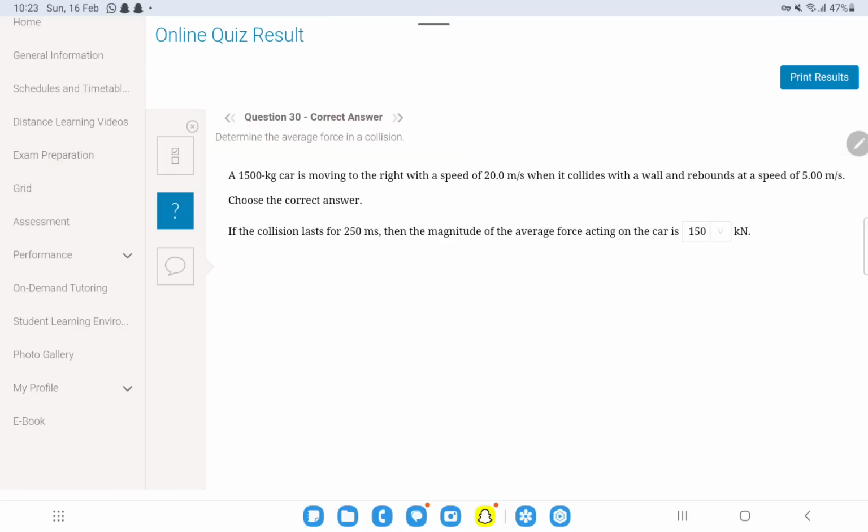First we find the momentum. P equals m times v1 minus v2. Since it's moving to the right with this speed, it's in the positive direction, and then it rebounds, so it moves to the left with a speed of 5, so this is the negative direction.